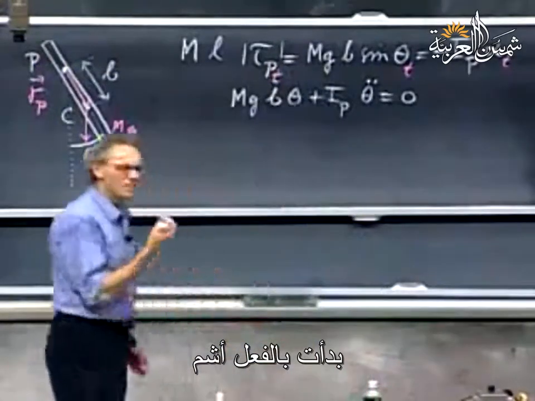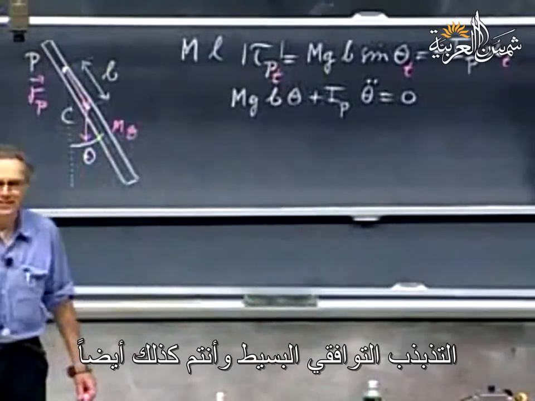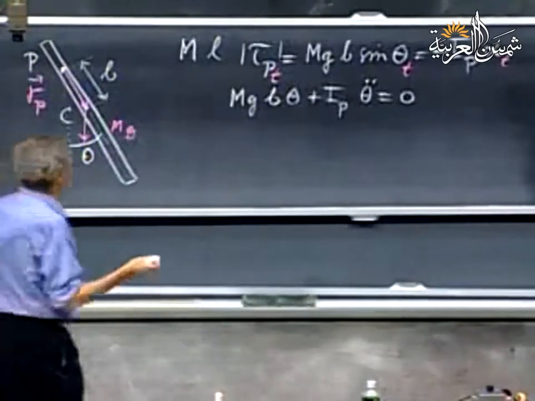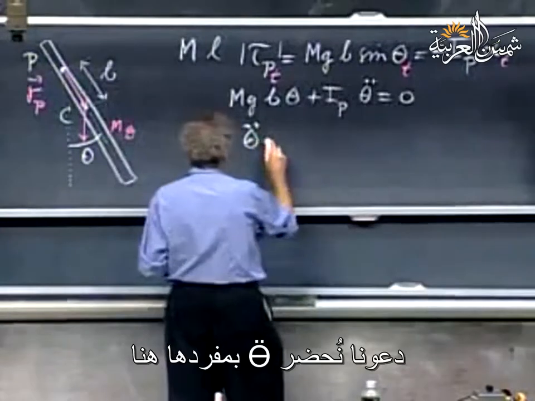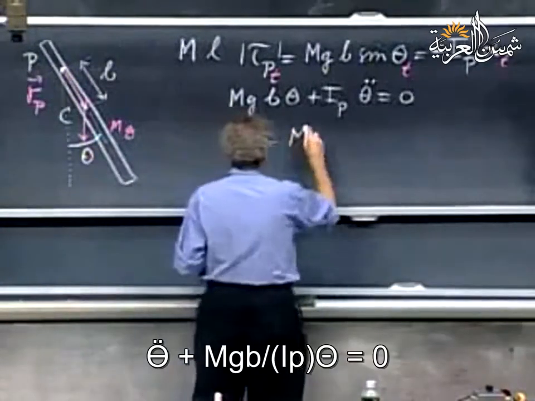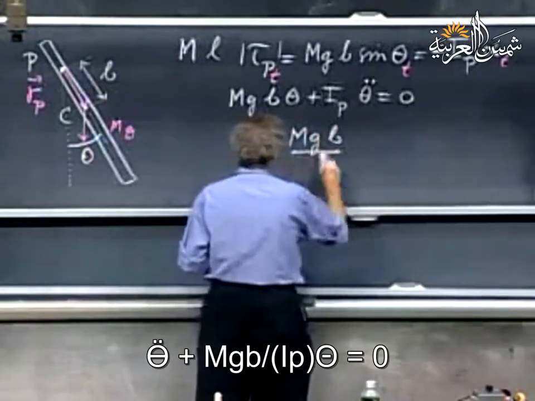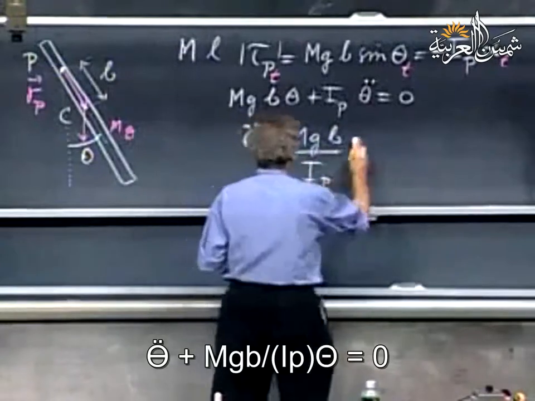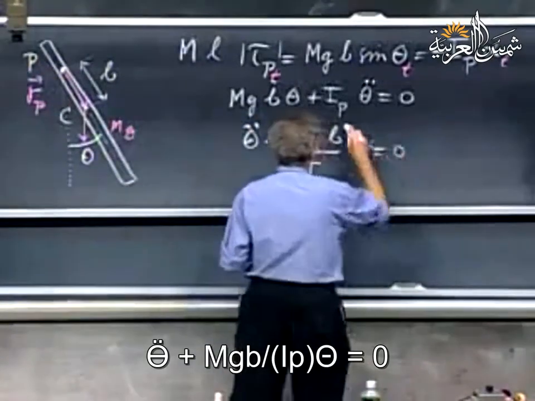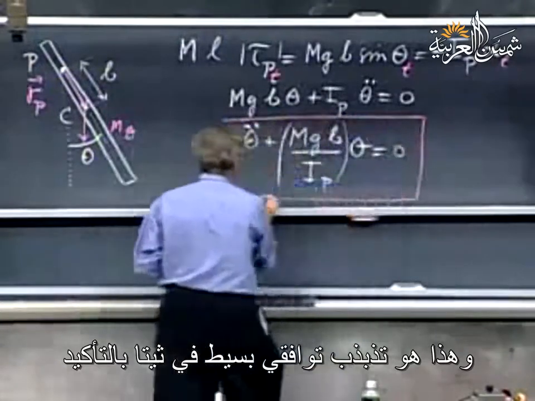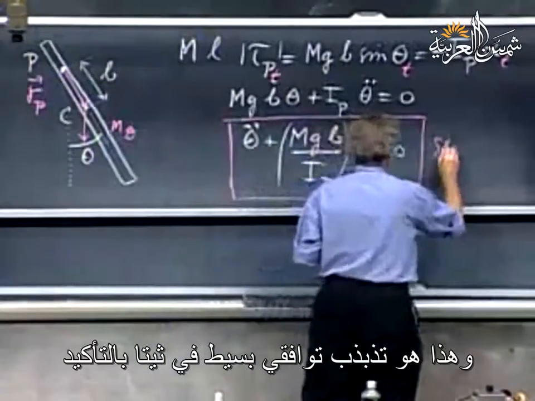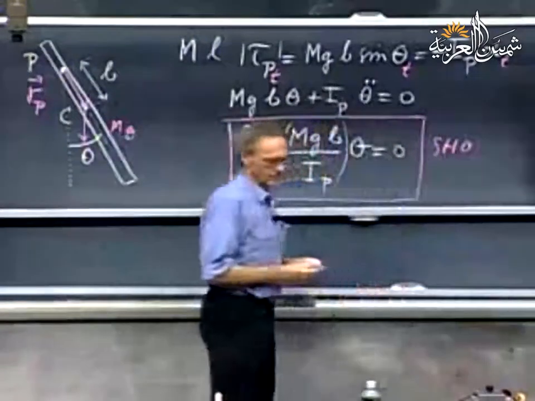I already begin to smell the simple harmonic oscillation, and you too. Let's bring the theta double dot naked out here, plus mgb divided by I of P times theta equals 0. And this, for sure, is a simple harmonic oscillation in theta.